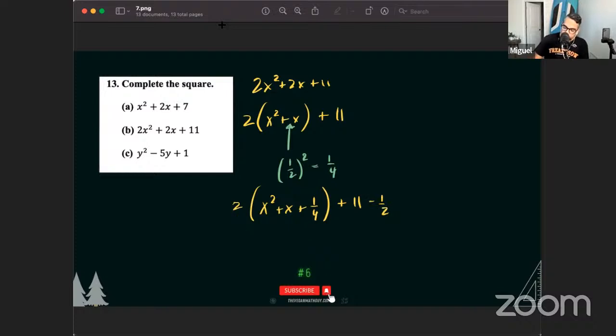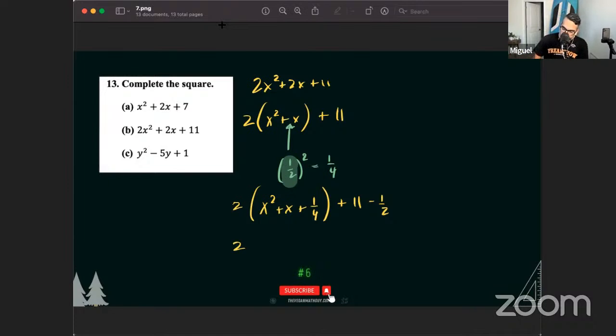Okay. If you remember completing the square when I'm trying to factor this, if you're trying to think of two numbers that multiply to 1/4 and then add to 1, that value will always be this. Let me go ahead and highlight it in green. That's always going to be 1/2. 1/2 multiplied by itself is 1/4. 1/2 added by itself is 1.